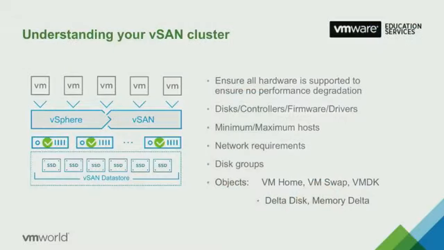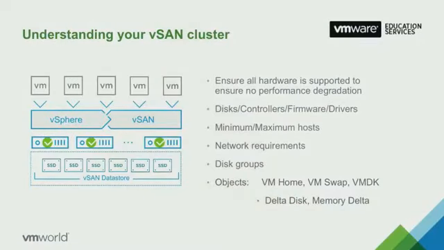So we spoke about network requirements and the disks. Also, what are objects? From a vSAN perspective, you are utilizing object-based storage. Okay? So a virtual machine has its home directory, it has its disks. Each of those is an object.